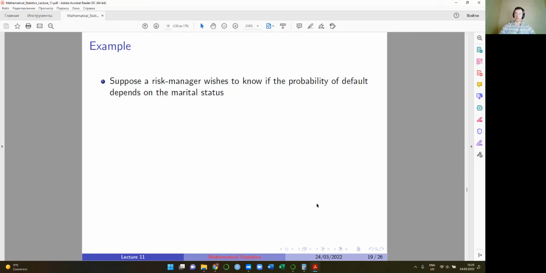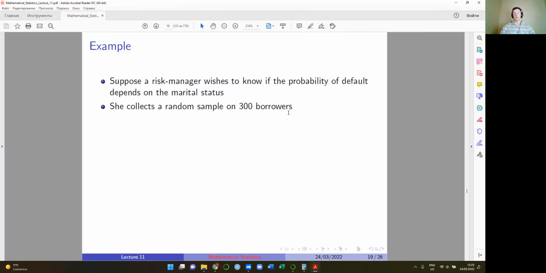So let's take a particular example to understand the task. Suppose a risk manager wants to know if the probability of default depends on the marital status, the last example from the previous slide.